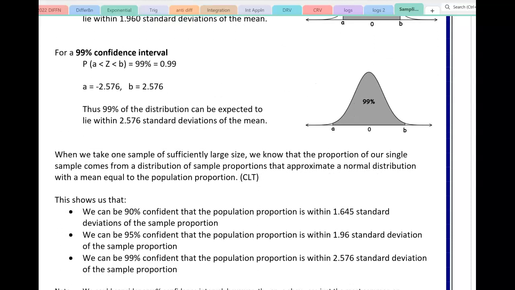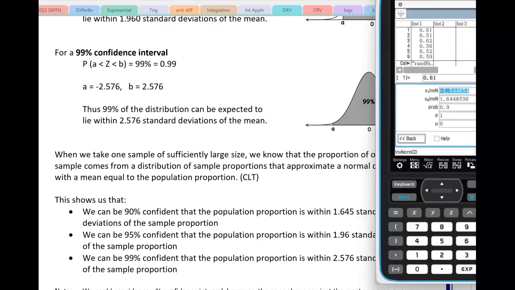At the 99% level, you can try this yourself if you like, 0.99 is what we would put, and they're the Z scores that we would be using. So the negative 2.576, etc. And of course, the one we did yesterday at the 95% level, this is the reason why we were using 1.96 and negative 1.96.